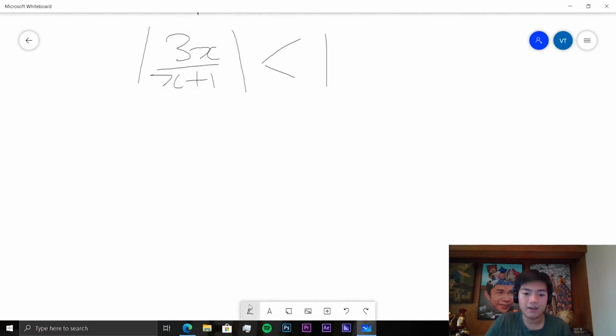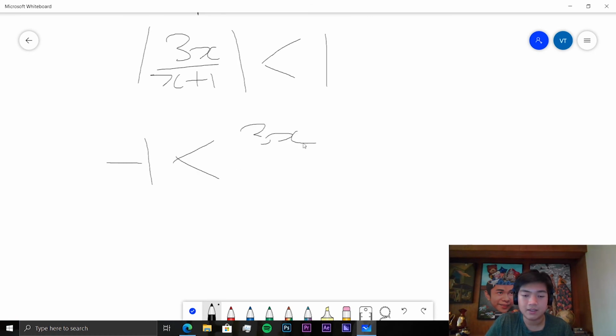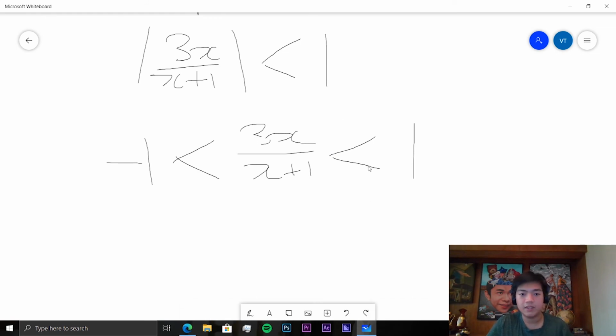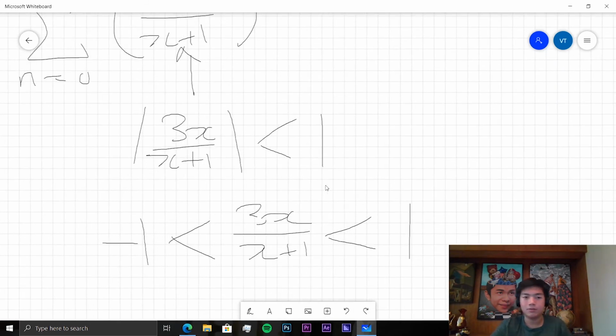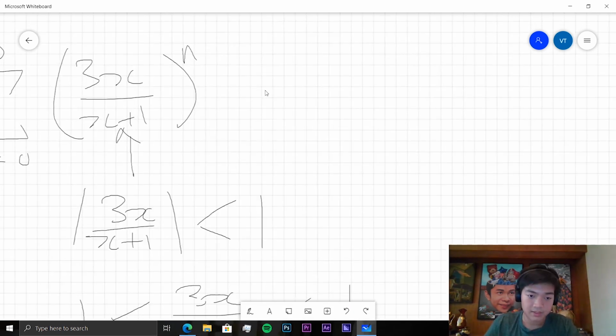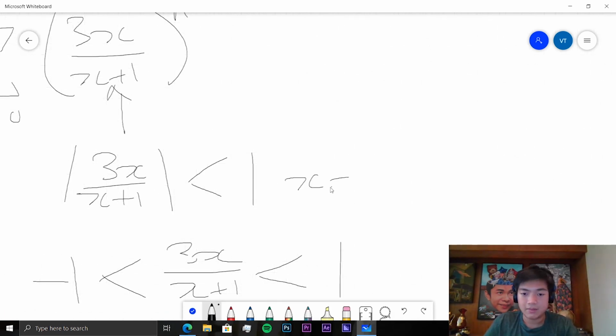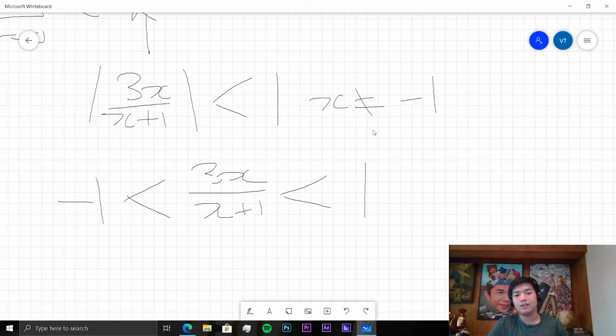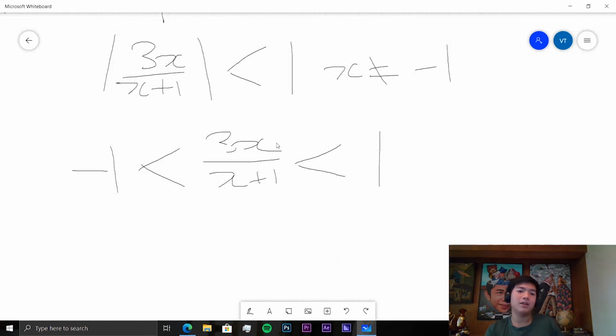So we have negative 1 is less than or equal to 3x over x plus 1, which is less than or equal to 1. So we need to find the set of values for which this is true. Of course, x not being equal to negative 1, since that would mean the denominator is 0. So first, x is not equal to negative 1. Then we have negative 1 is less than or equal to 3x over x plus 1, less than or equal to 1.